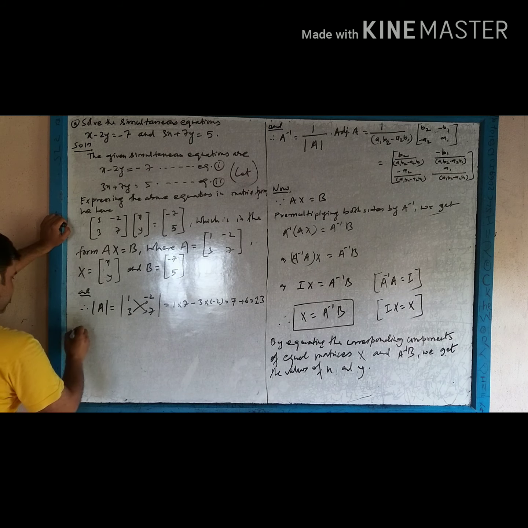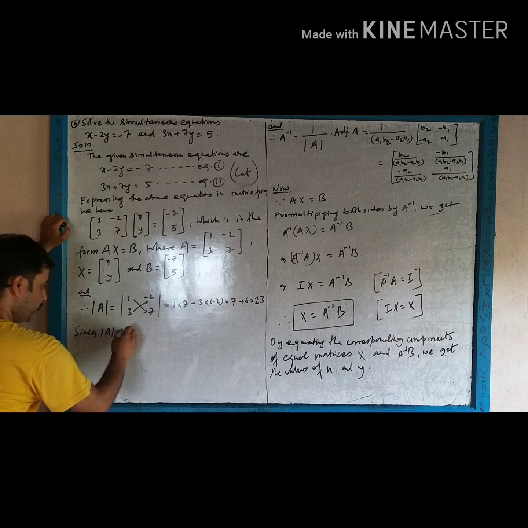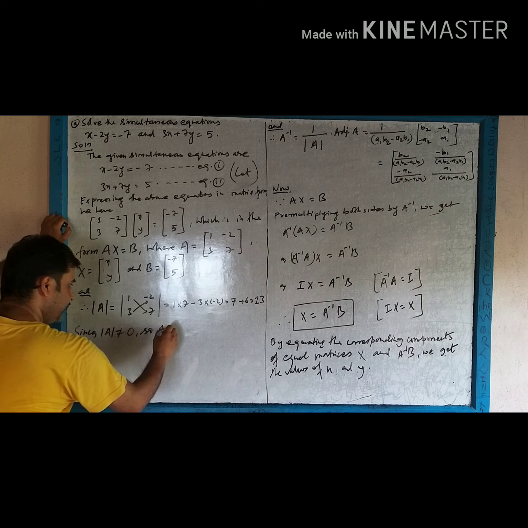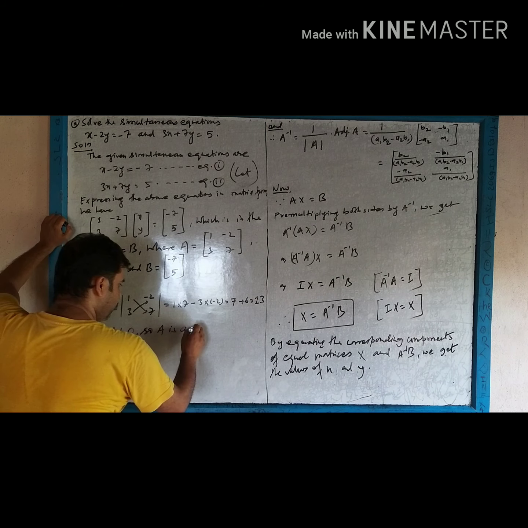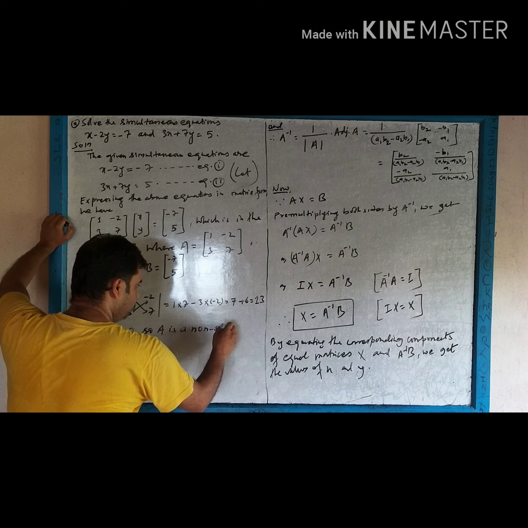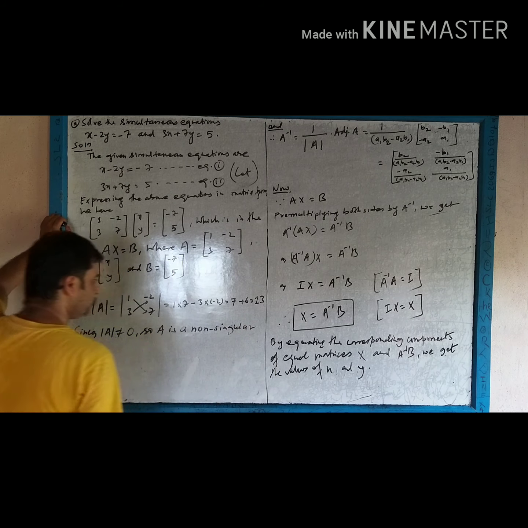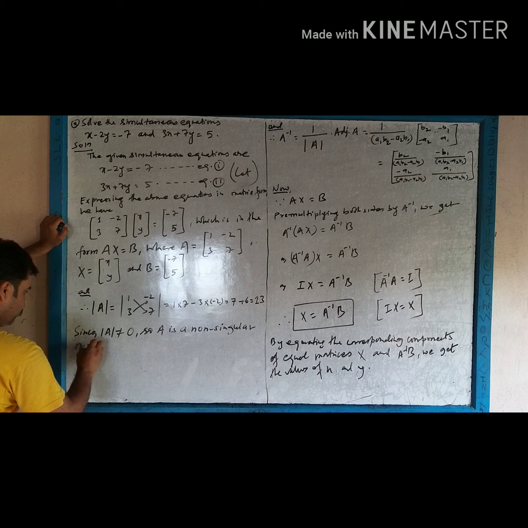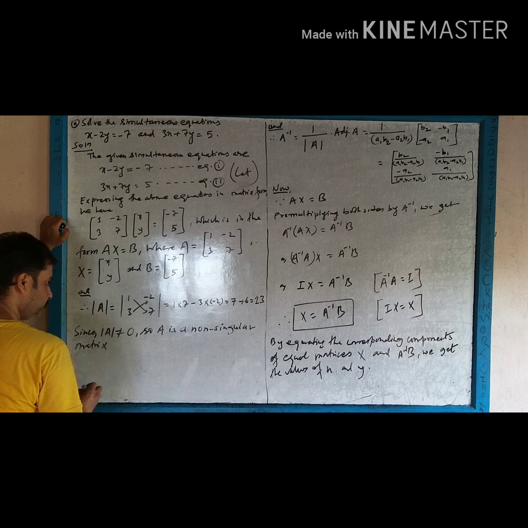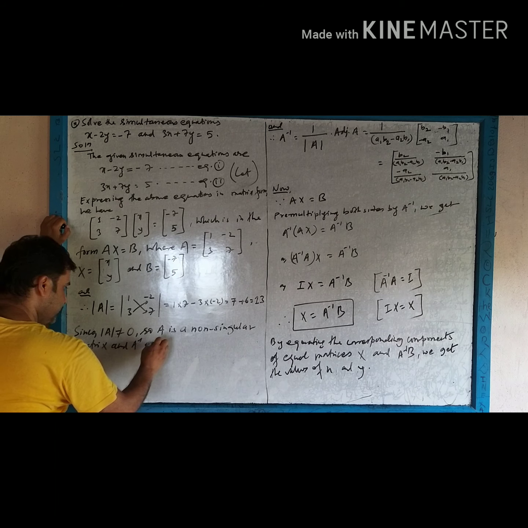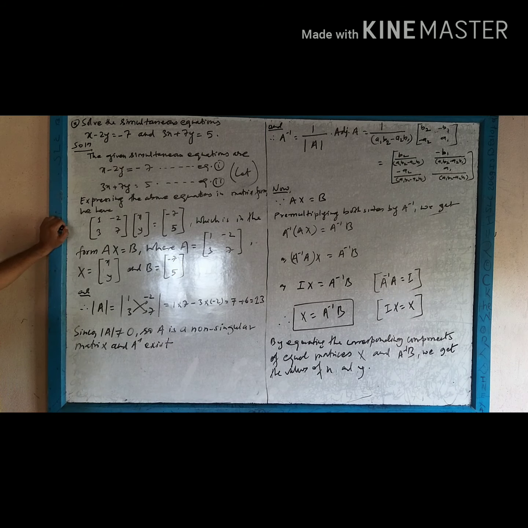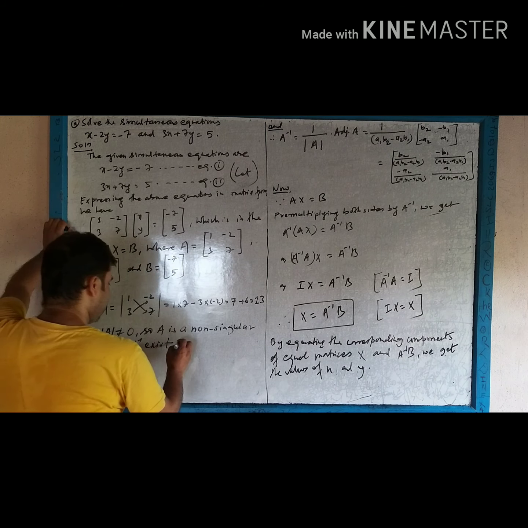You write here: since determinant of A is not equal to 0, A is a non-singular matrix, and A inverse exists.